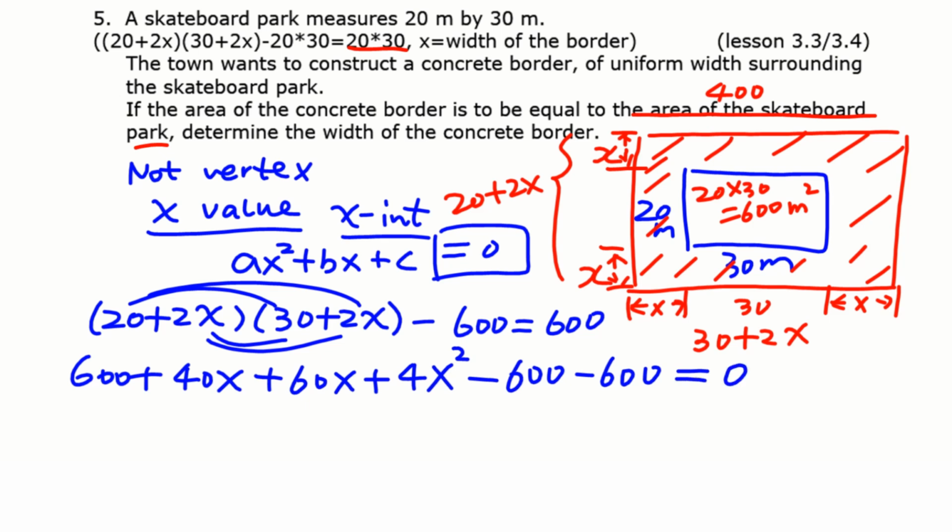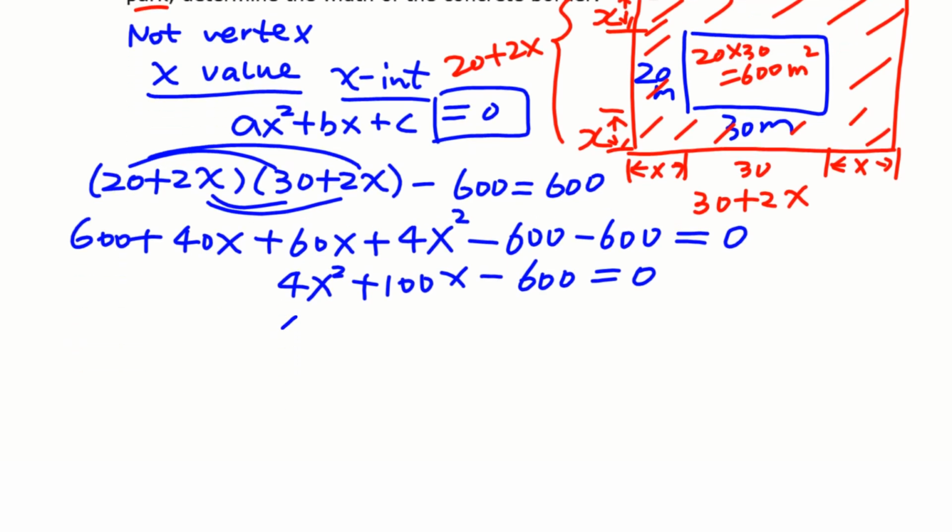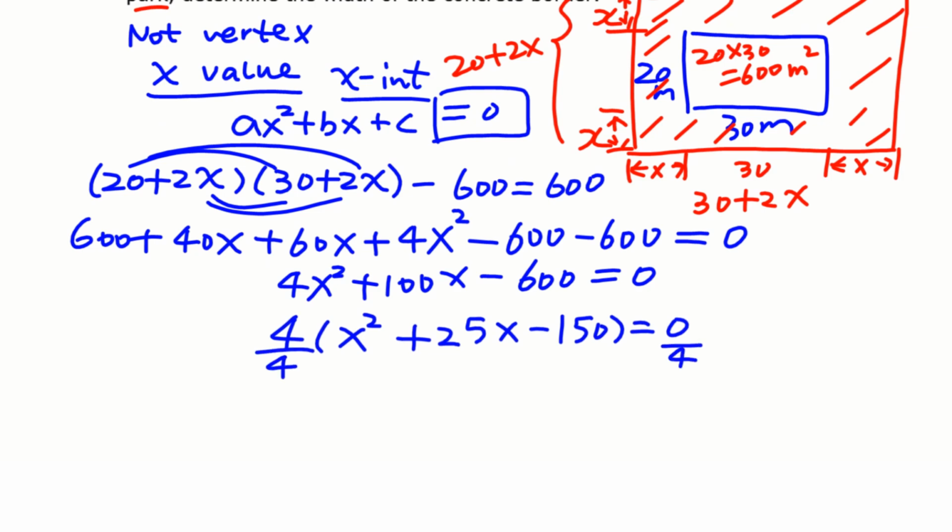Collect all the like terms, you have 4x squared plus 100x minus 600 equals 0. Then always look for the common factor. Then divide by 4 on both sides to get rid of it.